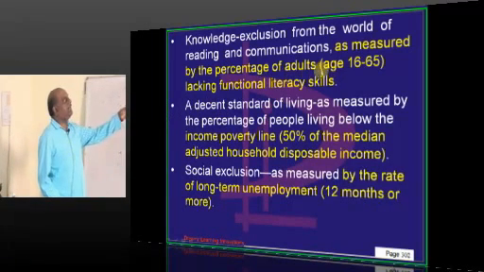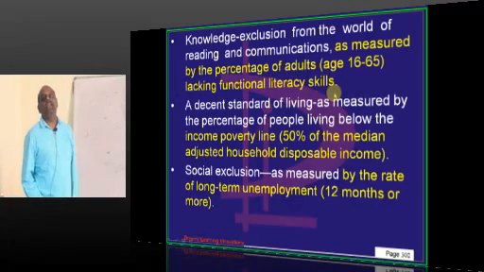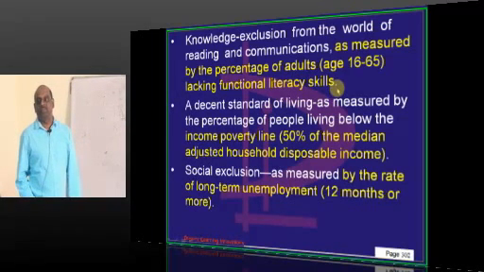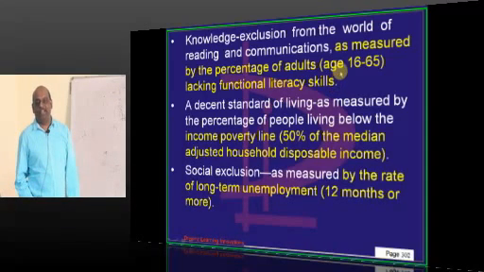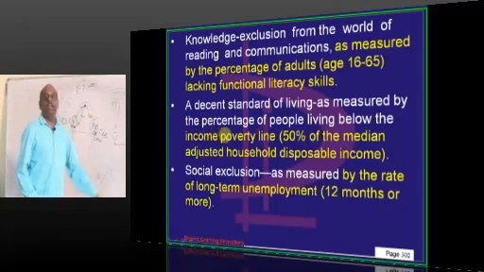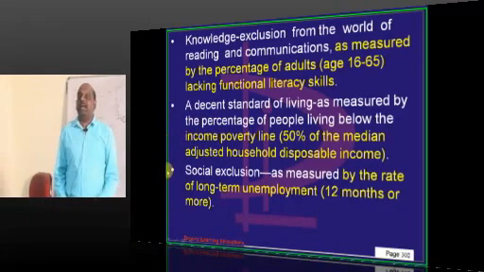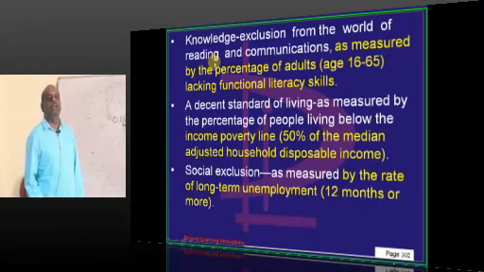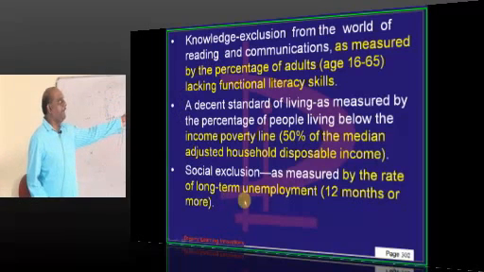Then percentage of the adults lacking functional literacy skills. Right? What is functional literacy skills? How many people cannot speak a story, cannot write a story. So that is important. Additionally, what did they say? To know the standard of living, what parameter did HPI 2 depend on?